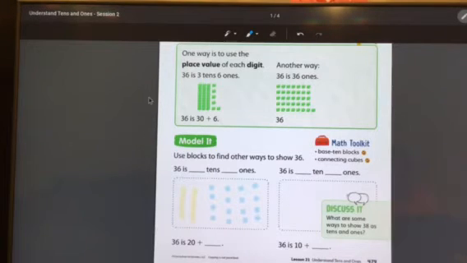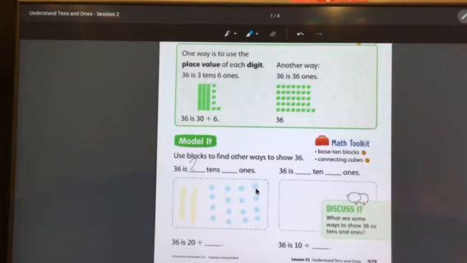So now when I go to write this up here, I can see that 36 is, I have 2 tens, and then I need to count how many ones I have. 1, 2, 3, 4, 5, 6, 7, 8, 9, 10, 11, 12, 13, 14, 15, 16.